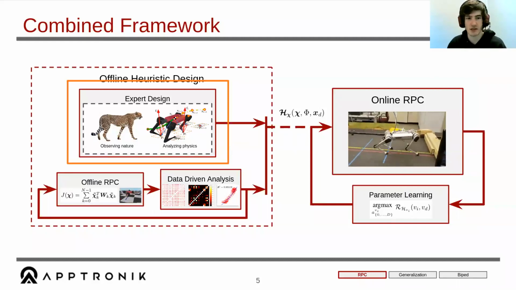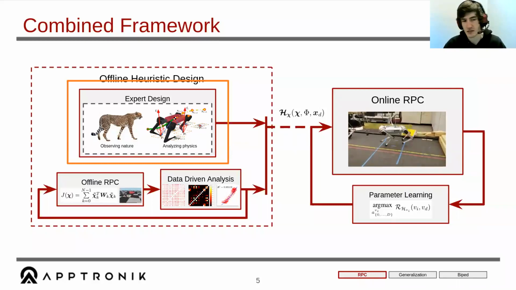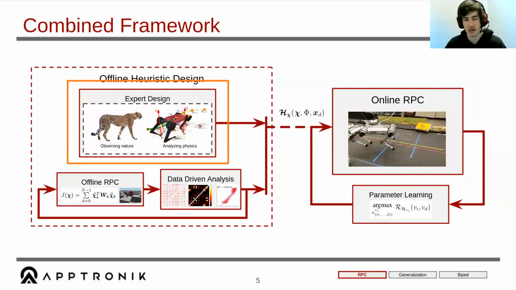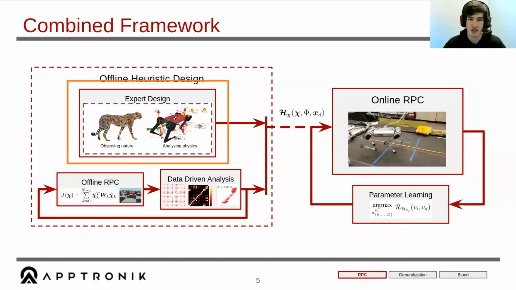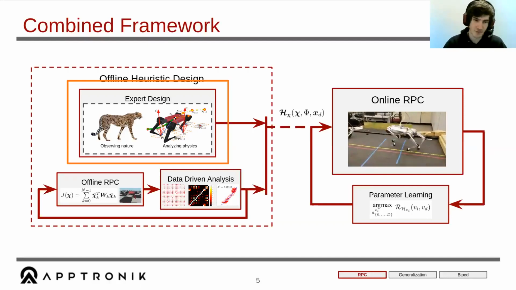The first thing, in this orange square, is the expert design for heuristics. Those can come from common sense, observing nature, seeing what animals do, seeing what other robots have done, and analyzing the physics of your robot.